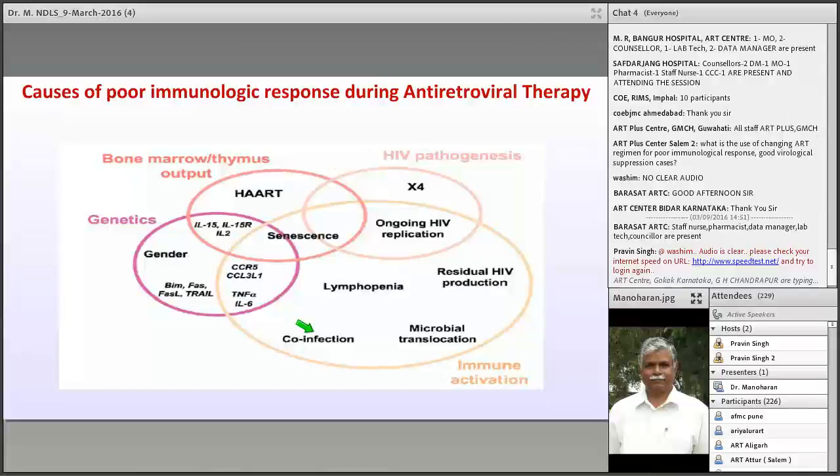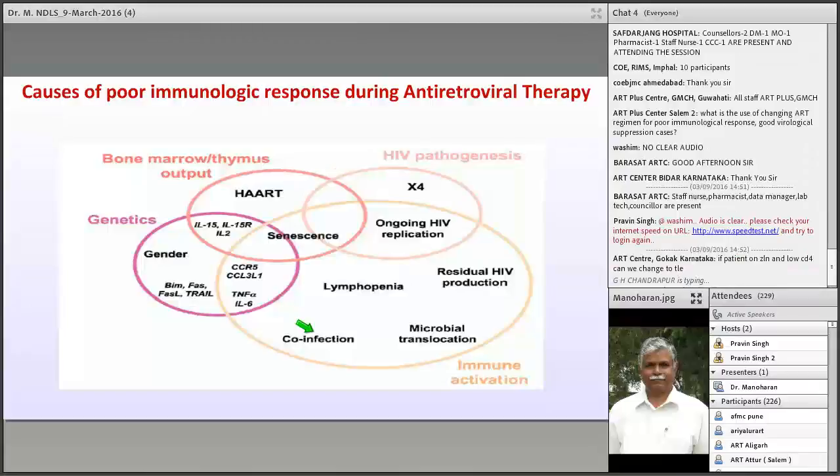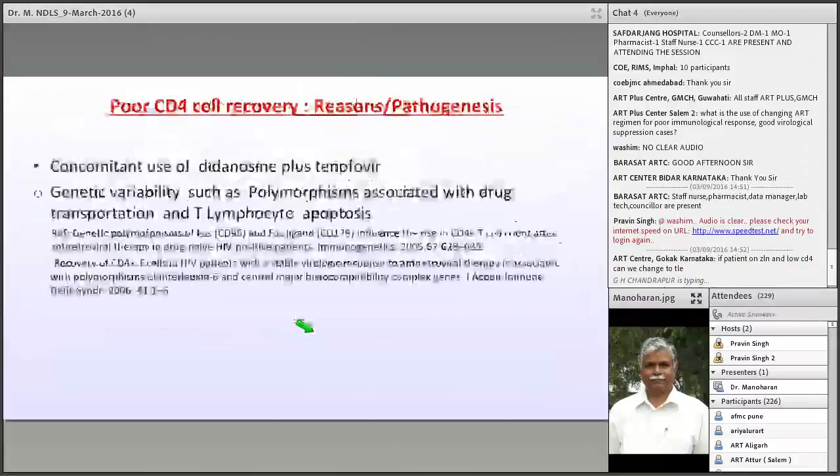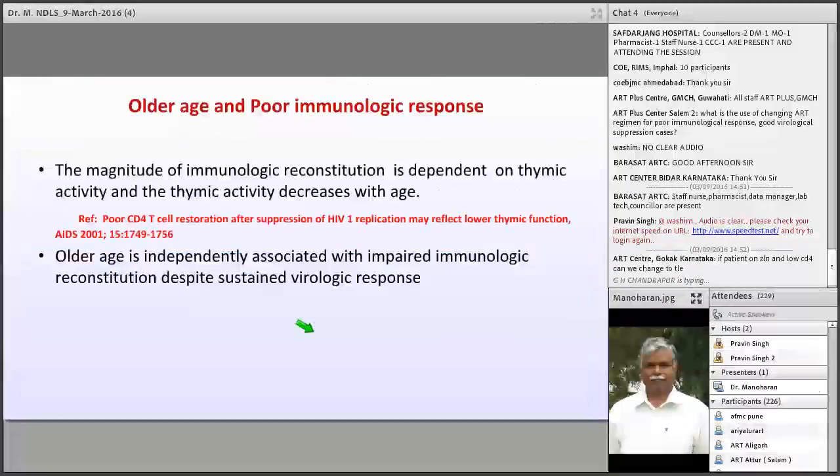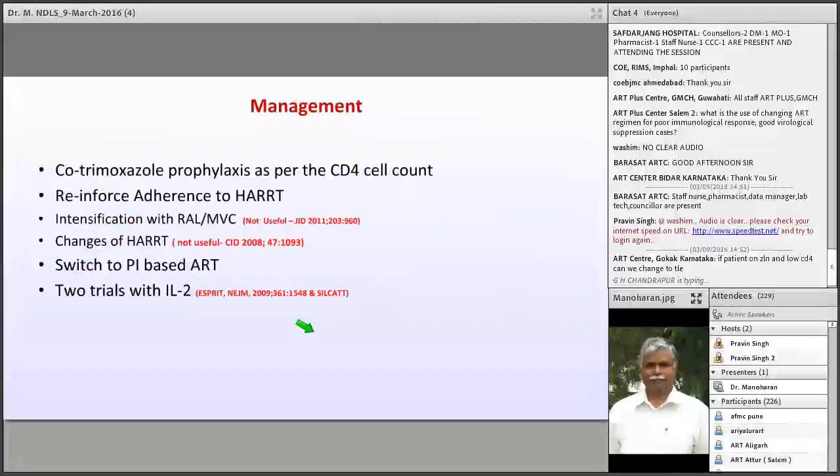Okay, so let us continue. There are only two or three slides. So far we have seen what poor immunological response is, why it is important, what the reasons for it are, and what the management principles are, both experimental and practical.